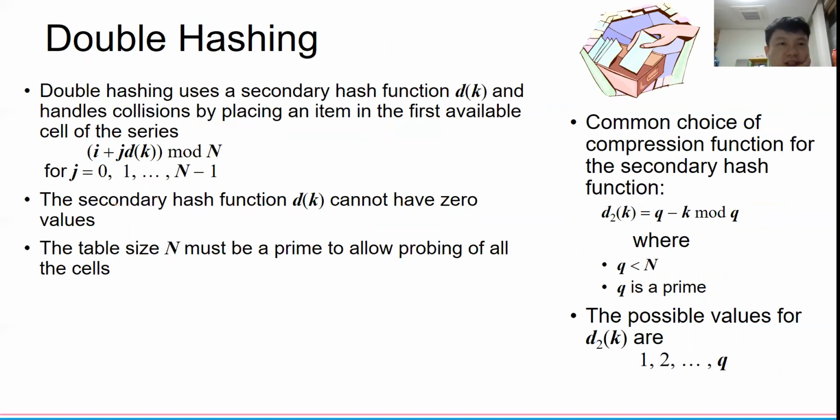So double hashing is a way to deal with the collision. In linear probing, you just put it on the next, on the next, on the next.